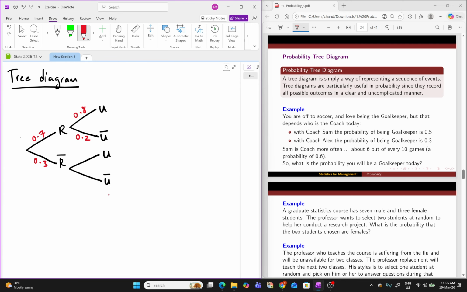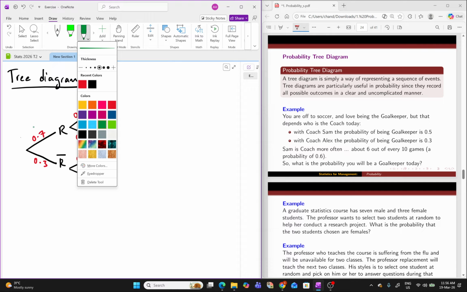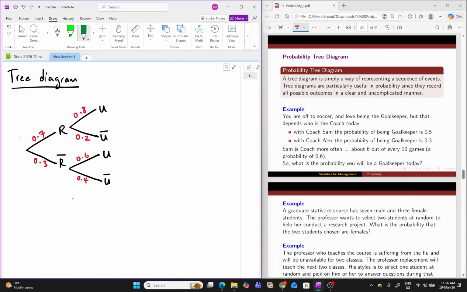If it is not raining, bringing an umbrella is 0.6, and here should be 0.4. With this information, let us go into more detail.